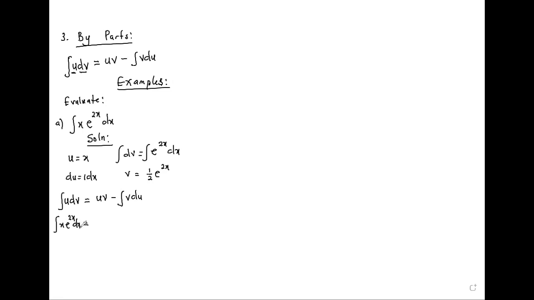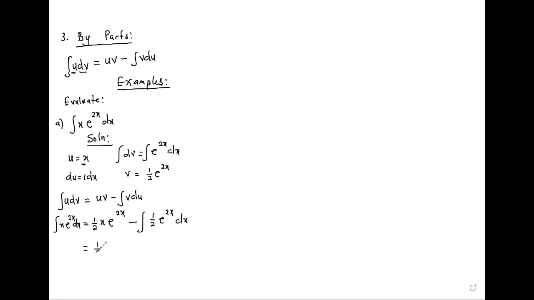The integral is going to be u is x, v is half e to x. So I'm going to have half x e to x minus the integral of v e to x dx.